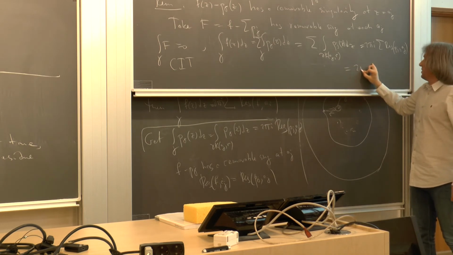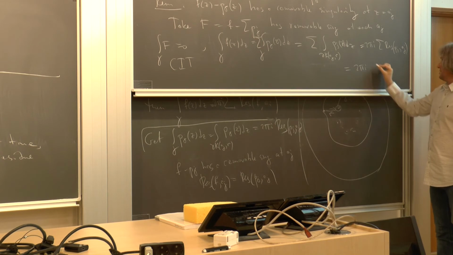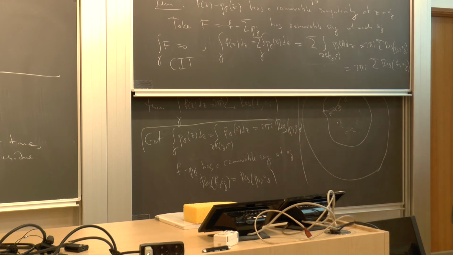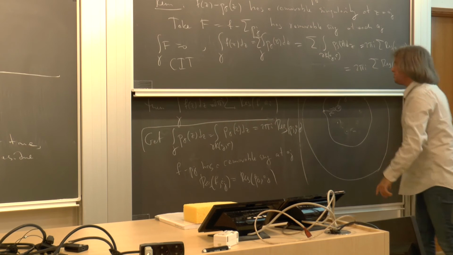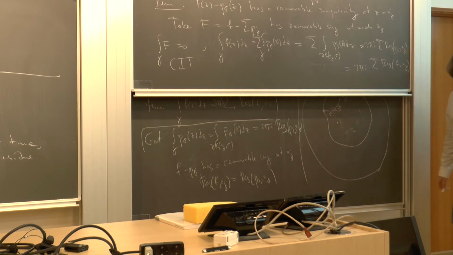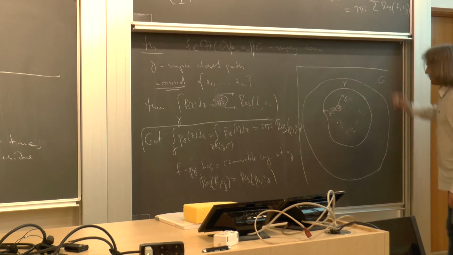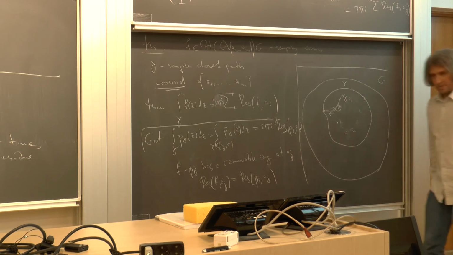This is 2 pi i times the sum of residues of f at a_j. So we started from the integral of f over this loop and ended with this. But I think another way to argue this, taking all these little circles together, would also work.